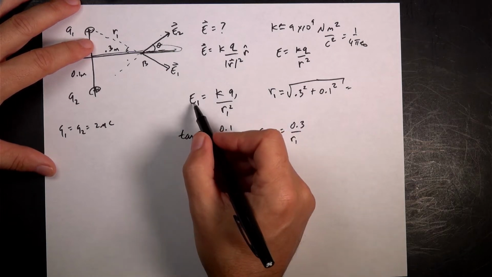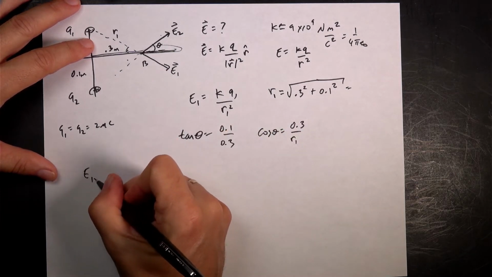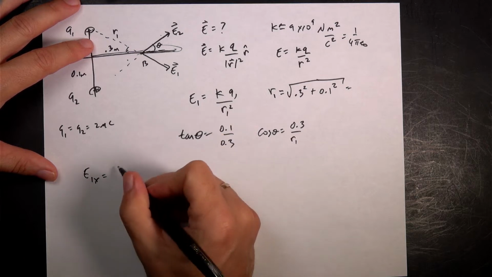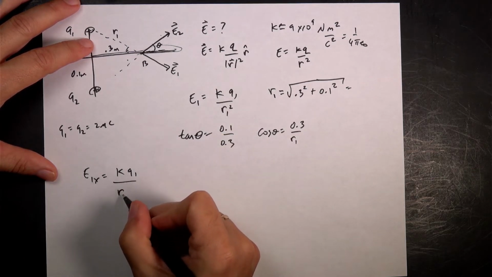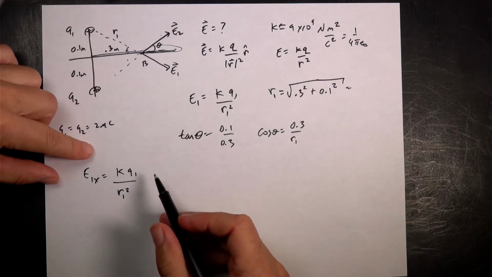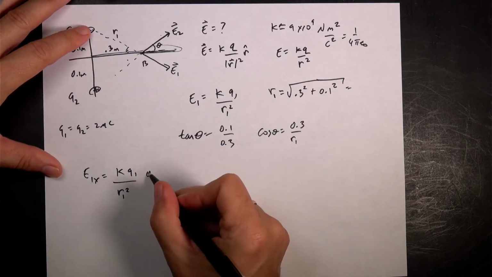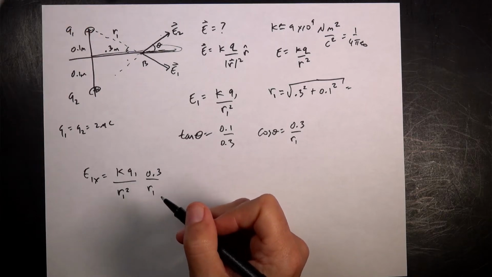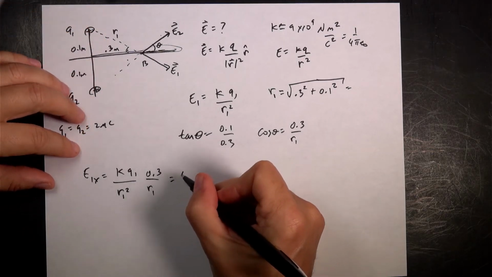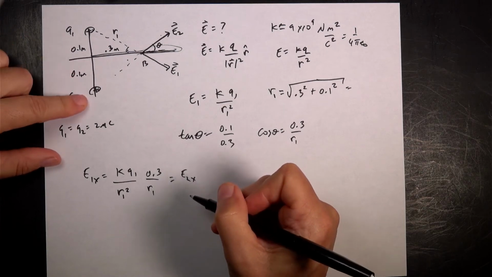Okay, so let's put this all together. E1x is going to be the electric field, K times Q1 over R1 squared, times the cosine of theta, which is 0.3 over R1. And that's also equal to E2x, the same situation.